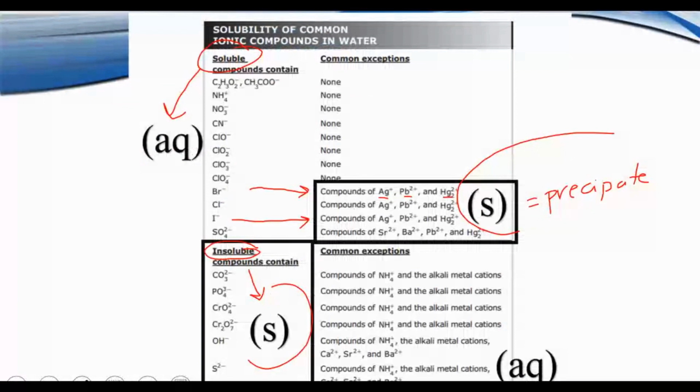Chlorine usually will be aqueous, but it has exceptions, and those exceptions include silver, lead, and mercury. So if the product I'm looking at is one of those three, then automatically it's no longer aqueous and it would become a solid, a precipitate.